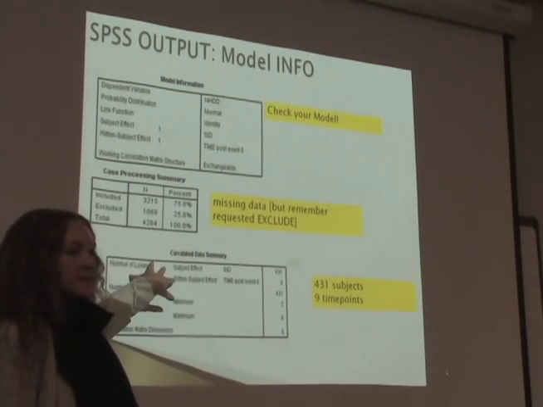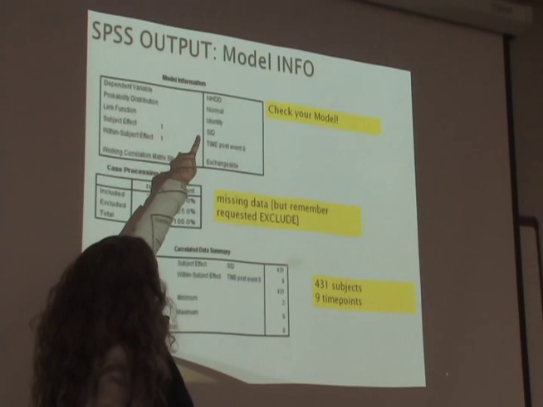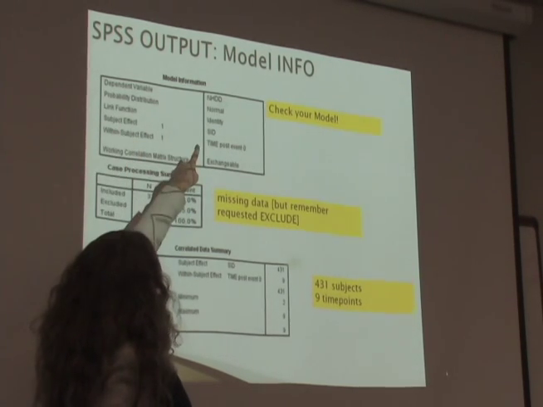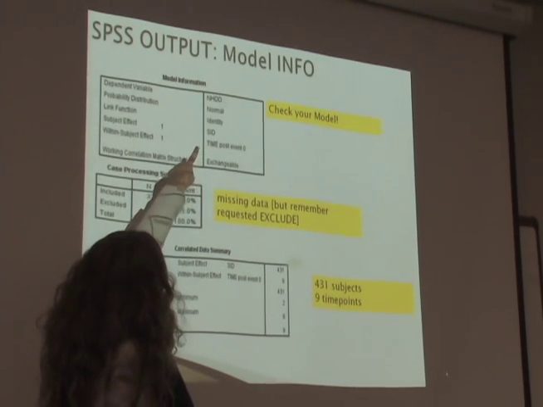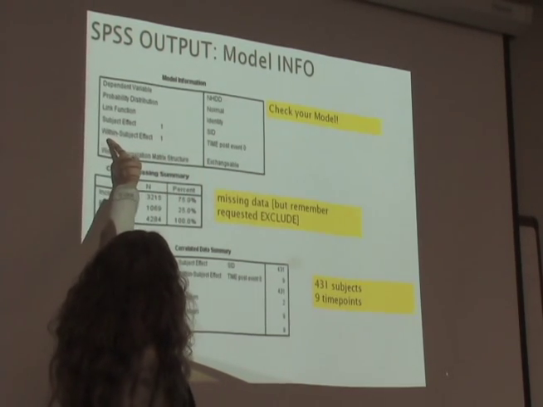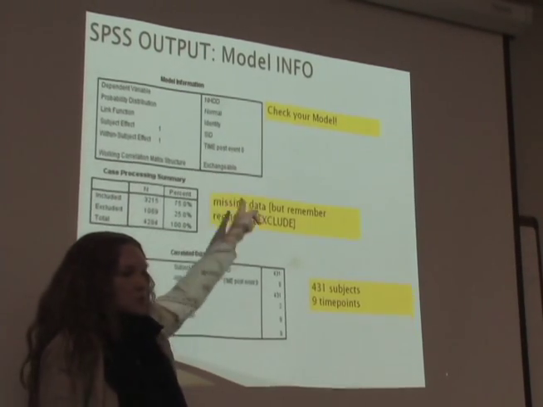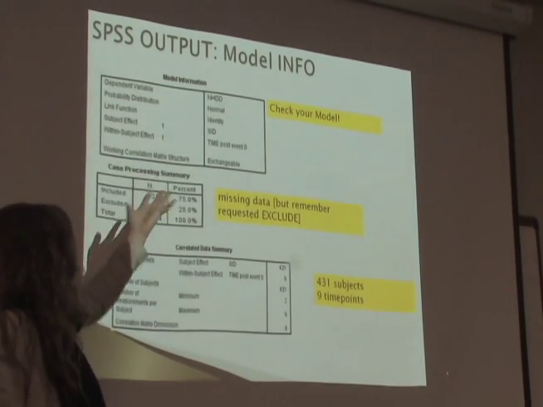So this is SPSS output. Dependent variable, we can see number of heavy drinking days. We've got a normal distribution with an identity link. Here's our subject ID variable, our within subject time variable, our working correlation structure. Okay, so let's just check your model.